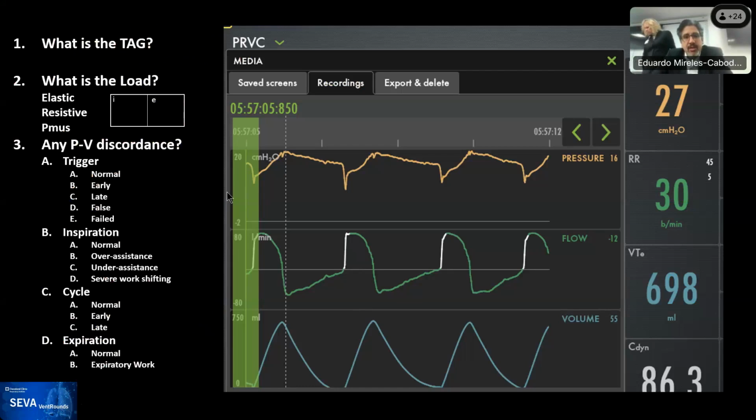Excellent. So the next question that comes, and yes, Hara, you talk about VC plus, and that's one of the other names that this mode has in the literature, in ventilators. So Ariel has put there VC plus, AutoFlow, APV or adaptive pressure ventilation, PRVC.